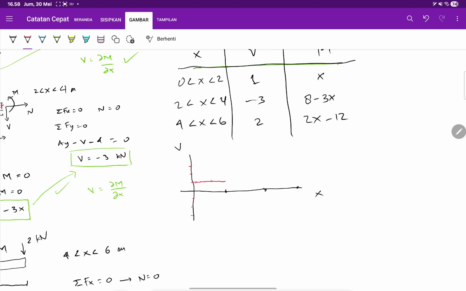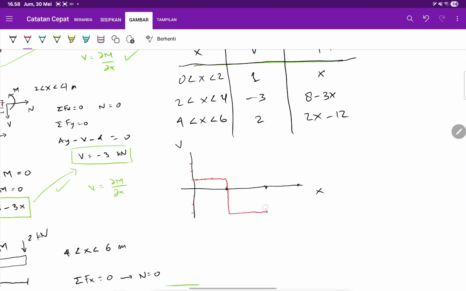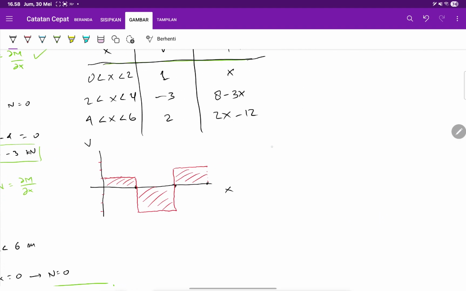And then they jump to minus 3 and constant, and then they jump to 2. So this is the internal shear force diagram for this beam. Now let's do the moment.